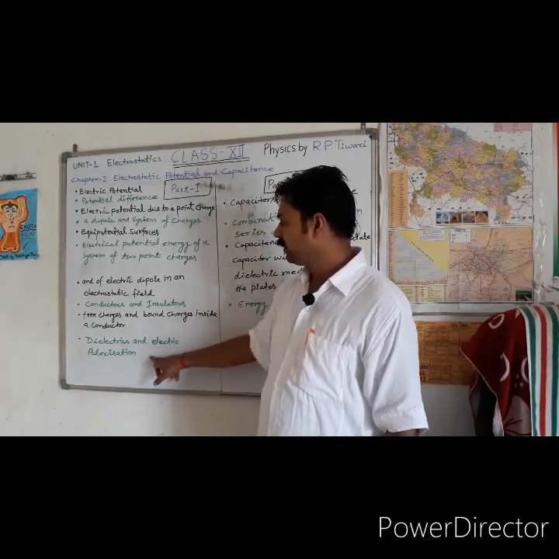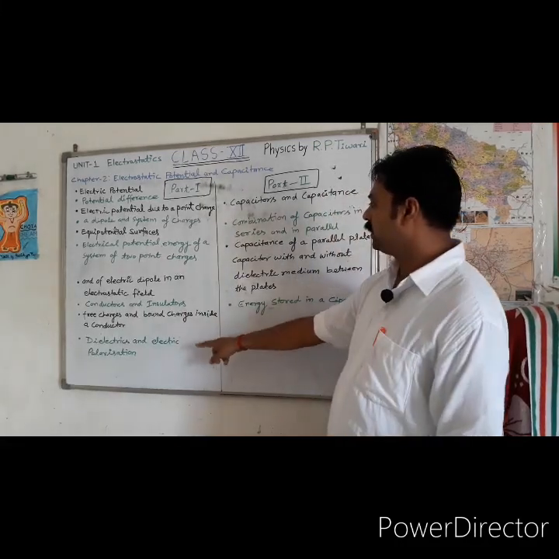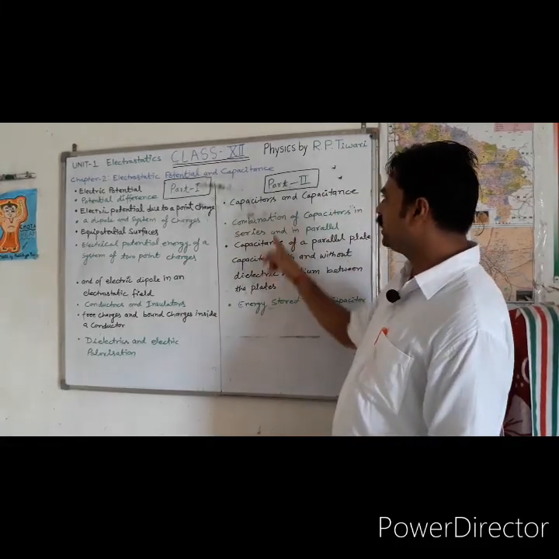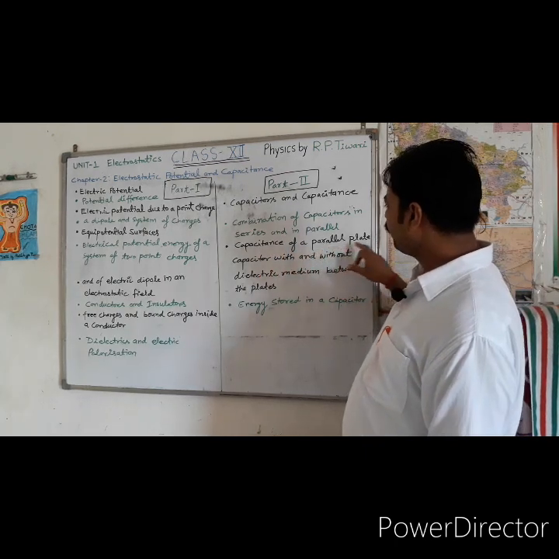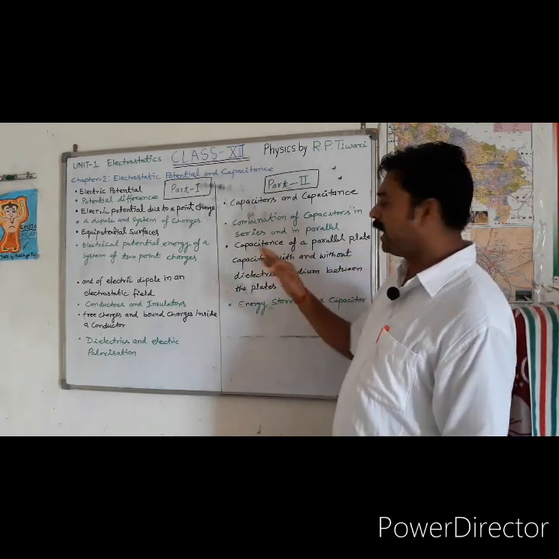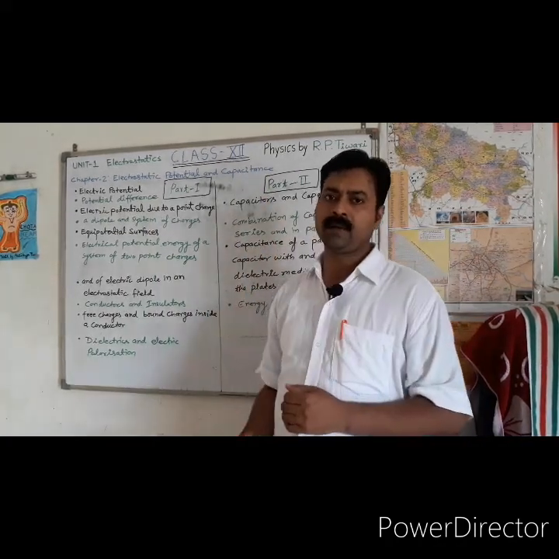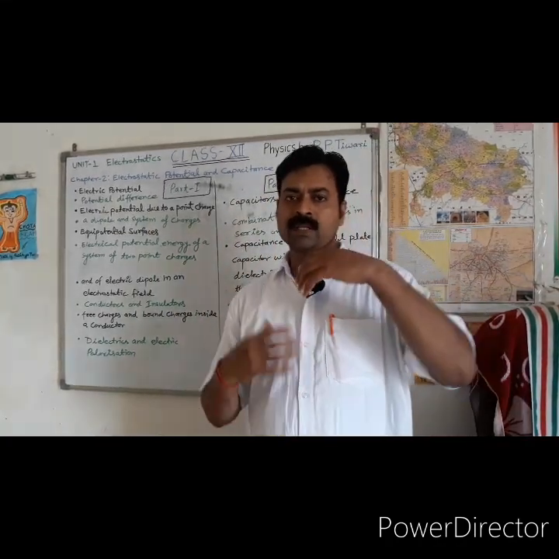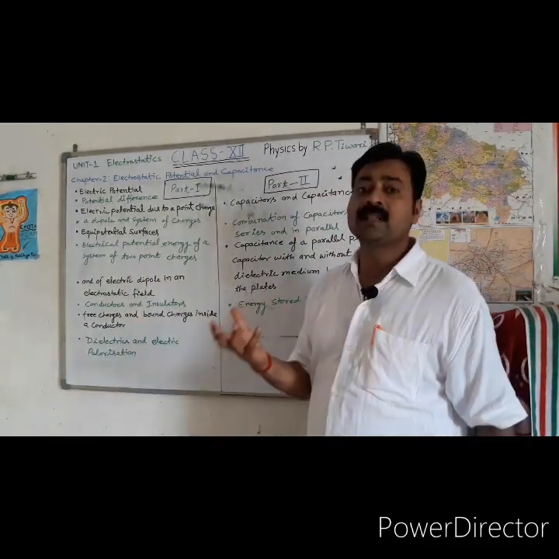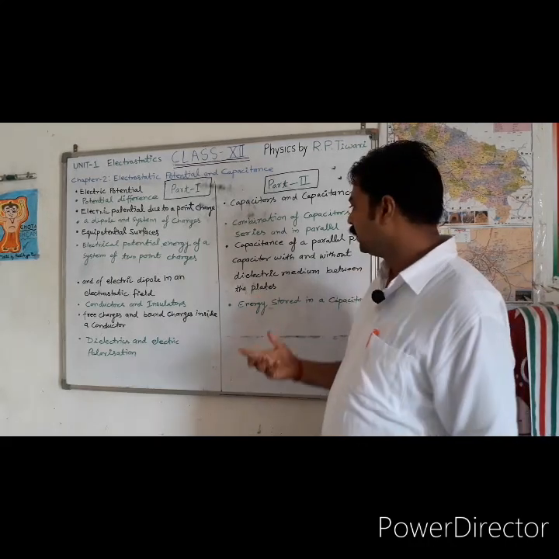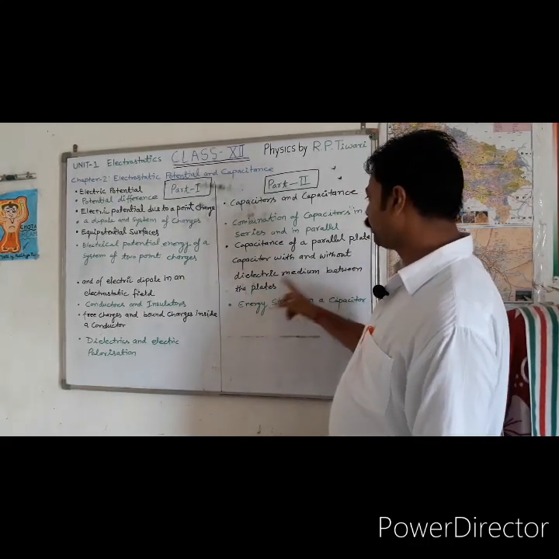Here we study the dielectric and electric polarization, and this dielectric material is used in a capacitor. So, the capacitance of a parallel plate capacitor with and without a dielectric: what happens when we put in a dielectric material, and what are the results when we work without a dielectric material, how do they work. This is a topic, along with the medium between the plates.